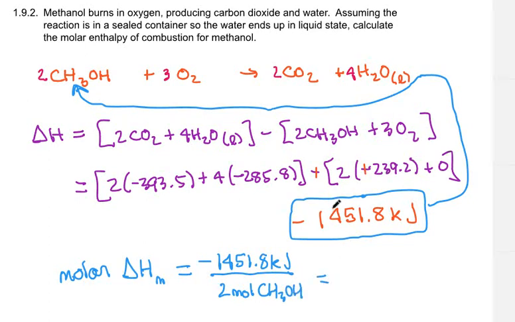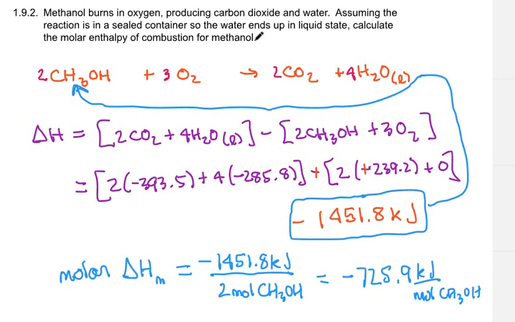Divide that out and you get, what is that, 725.9 kilojoules per mole. Mental math is dangerous. I better check that. 1451.8 divided by 2. Yes. So that's the molar enthalpy of combustion for methanol.